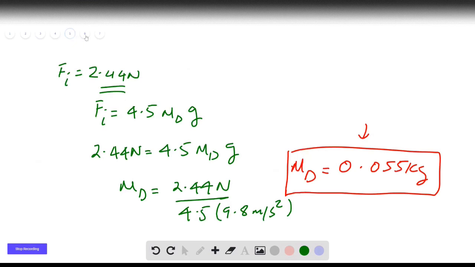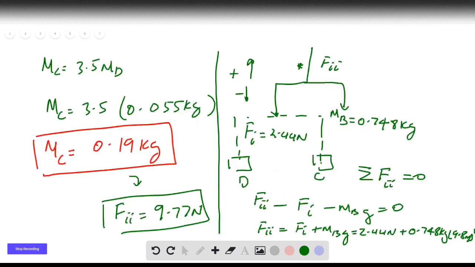We used the sum of forces in equilibrium along the, well, this should have been along the Y. So the sum of forces in equilibrium along the Y should have been 0, and then we're able to get this force right here.